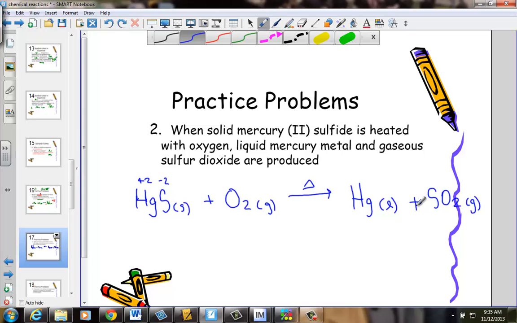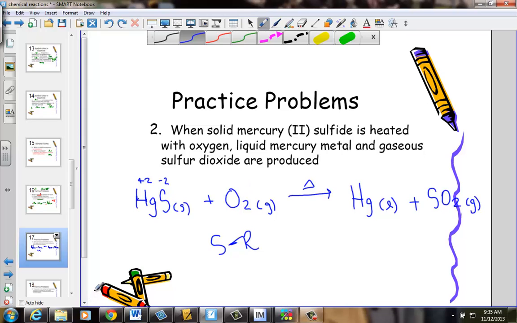What about the pattern of change? Element plus compound, making a new element plus compound. If you're recognizing this as a single replacement, the single replacement pattern, you're getting the hang of this very early in our journey, but we're starting to recognize the patterns of change.